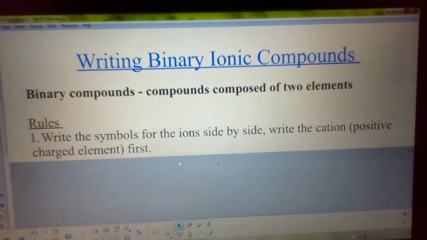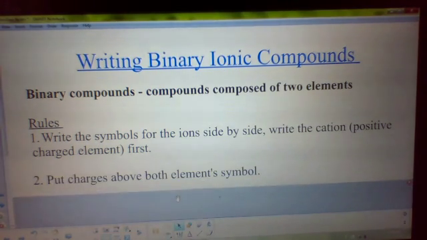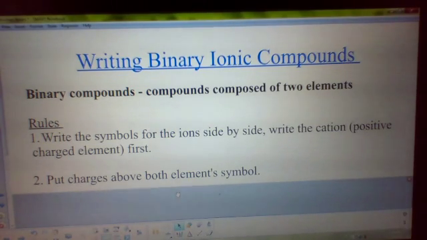It's going to be in the 1 plus, 2 plus, or 3 plus groups or columns on the periodic table. So you write that down with the cation first, and then you put the anion behind it. And then next you put the charges above the element symbols.